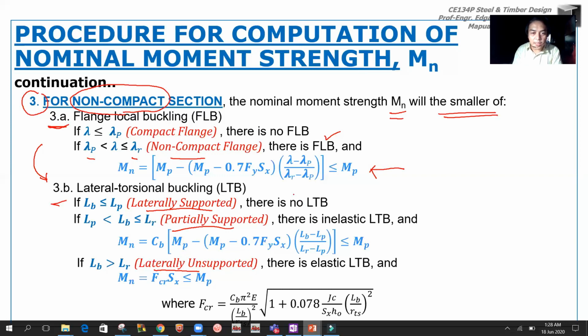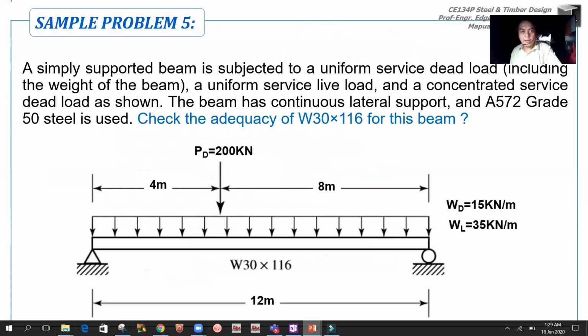Pagka laterally supported, ang MN mo rito is equal to MP, which is equal to Fy times Zx. Pagka partially supported naman, ito naman yung gagamitin mong MN formula. Pagka laterally unsupported naman, ito naman yung gagamitin mong formula for MN. So, these are actually the procedure. So, susundin mo lang yan.